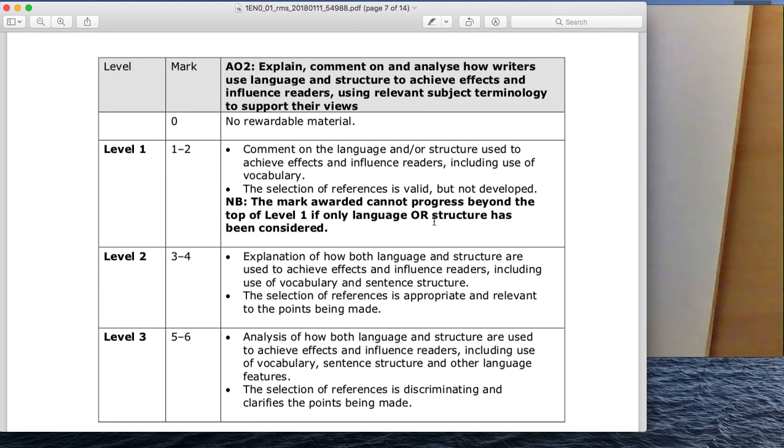So if you only write about the language choices but you don't make a structural comment, even if your language analysis is really good, you will not get more than 2 marks. And there is a similar restriction on the non-fiction paper if you only mention language or only mention structure but not both. So it's really important that you don't ignore that.